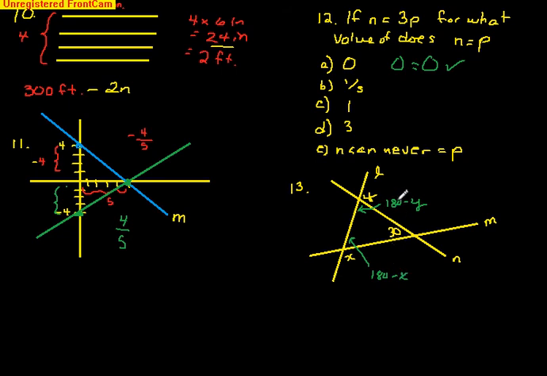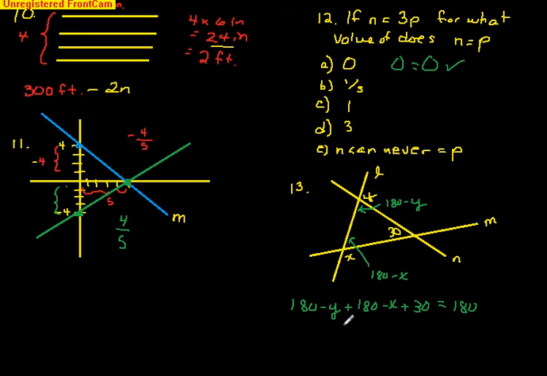Then we know that these three angles add up to 180. So I'm going to add them all up: 180 minus y plus 180 minus x plus 30, that's all three angles, equals 180.